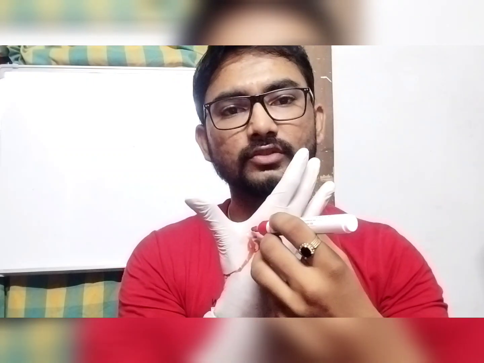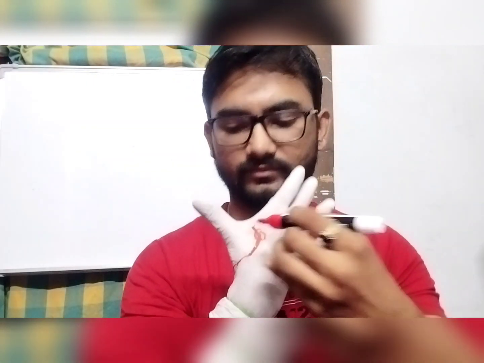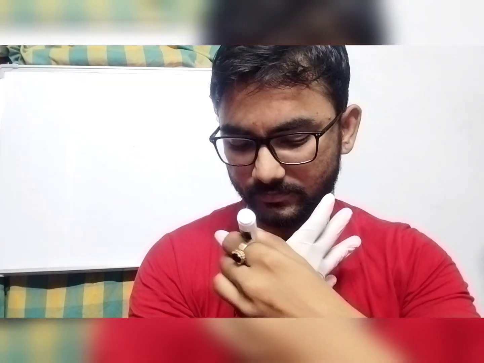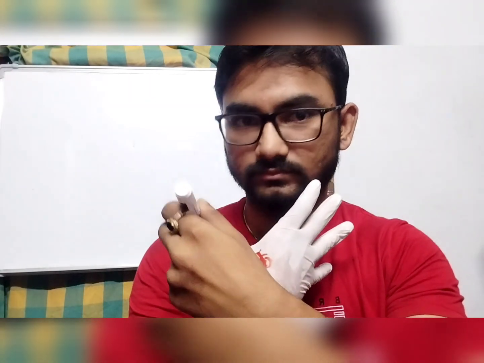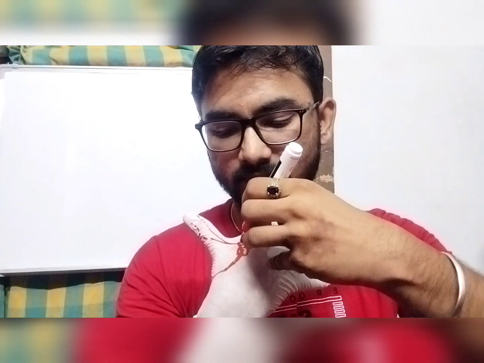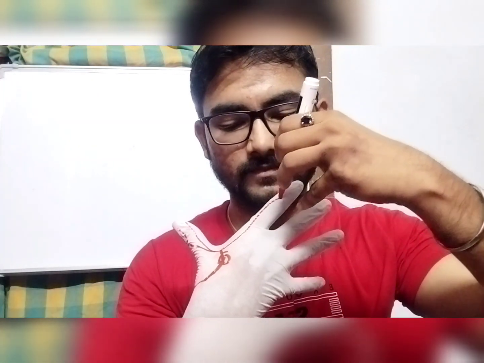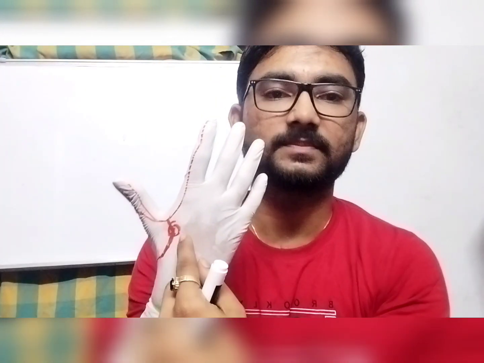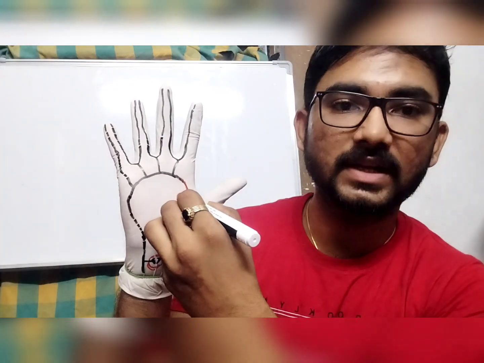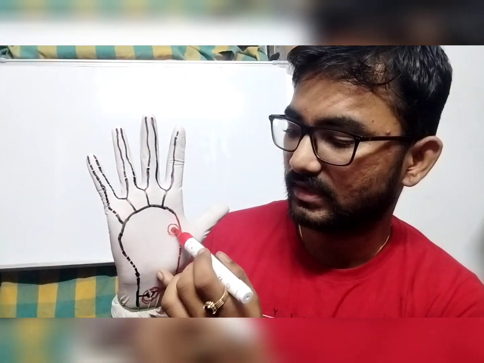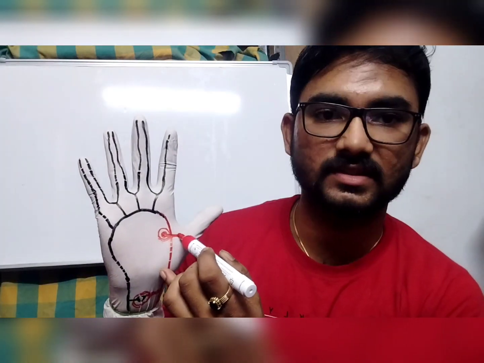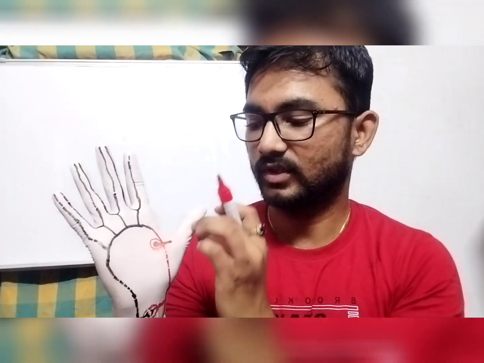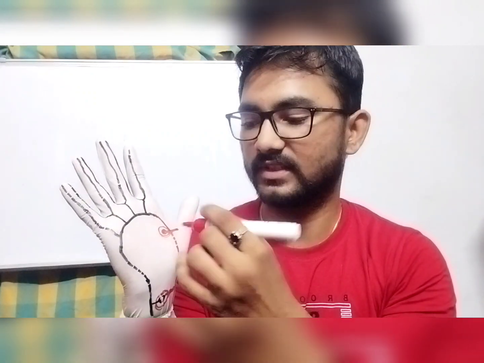This artery divides into 3 branches: 2 for the dorsal surface of the thumb and 1 for the dorsal surface of the index finger. After giving the branches, it pierces and enters the palmar surface. On the palmar surface, it gives another branch, the princeps pollicis artery, because pollicis means thumb and princeps means first.